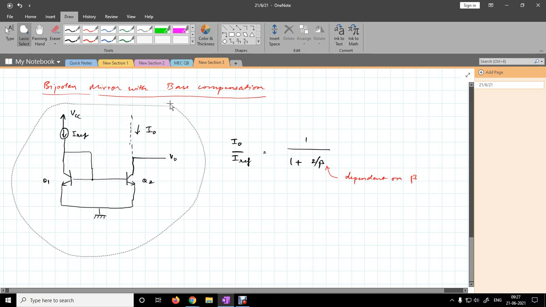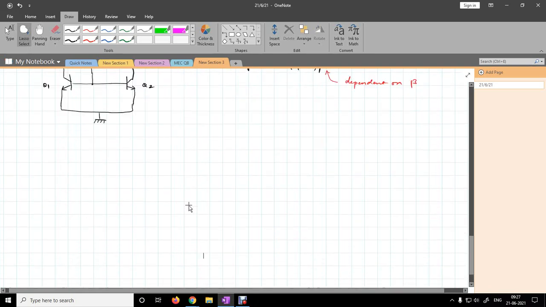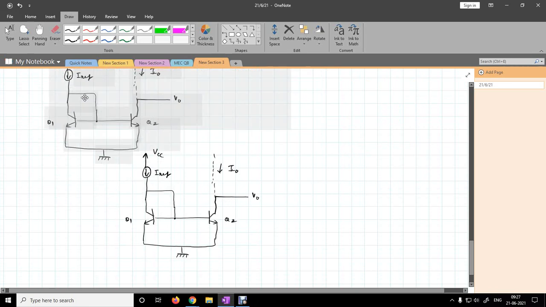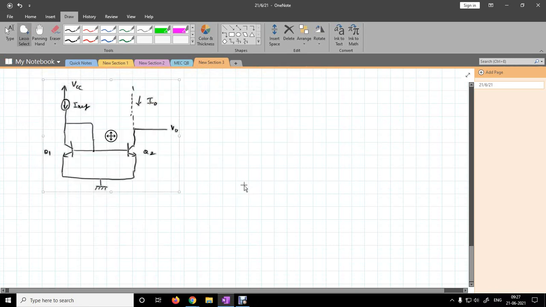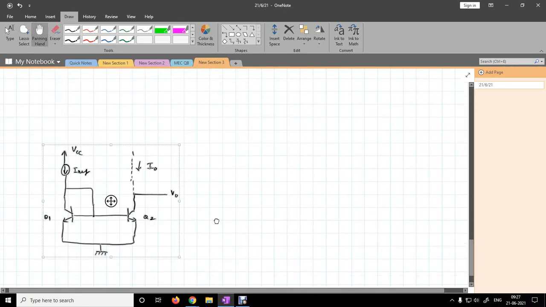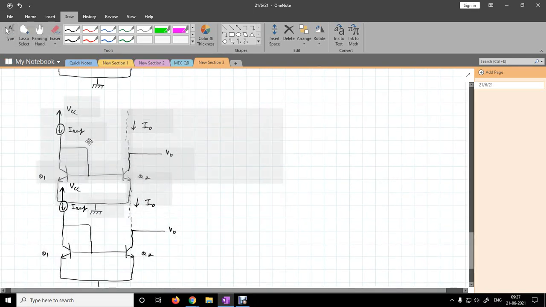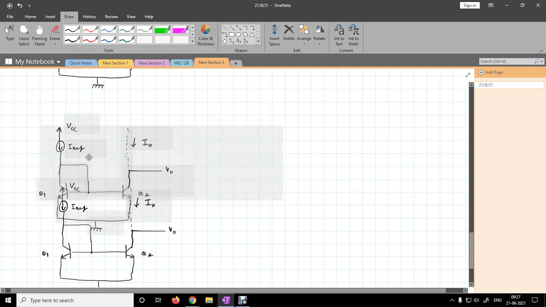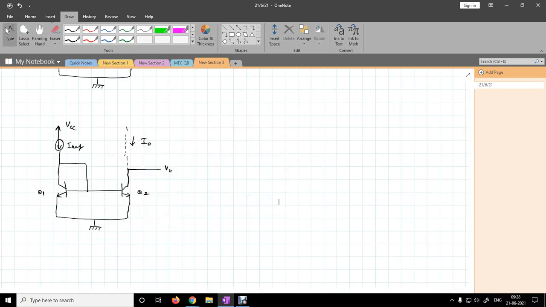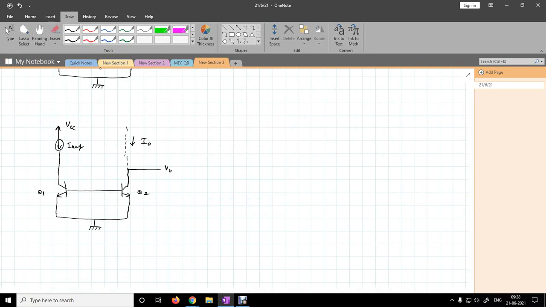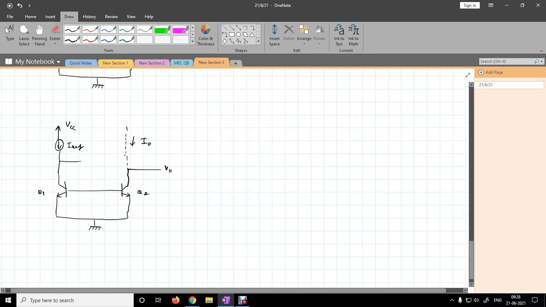This circuit I need it now. Copy. So what I'll do now is, instead of giving this, I'll put another transistor here.